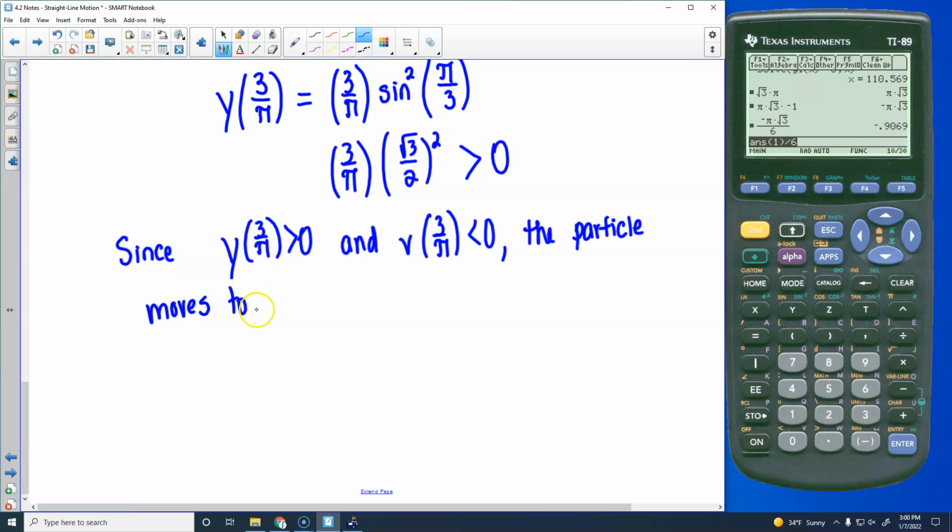It's only asking us about this one single point at 3 over pi. So it is possible that this answer changes after 3 over pi, but it only cares about this one point.